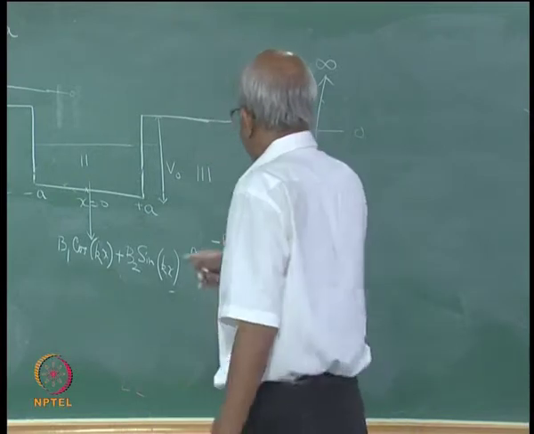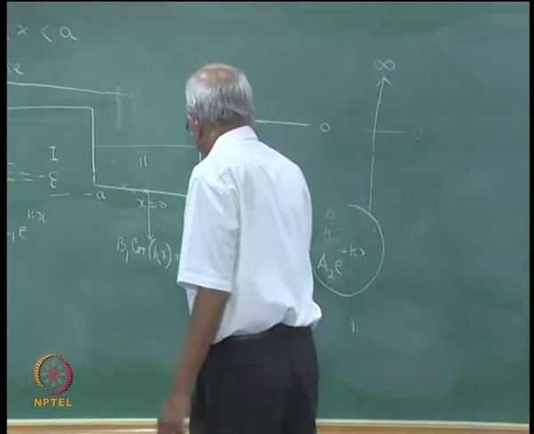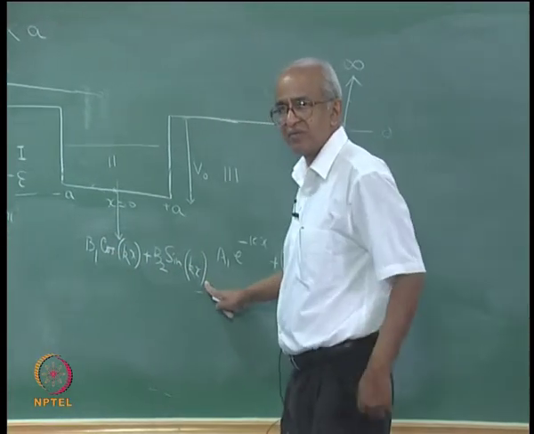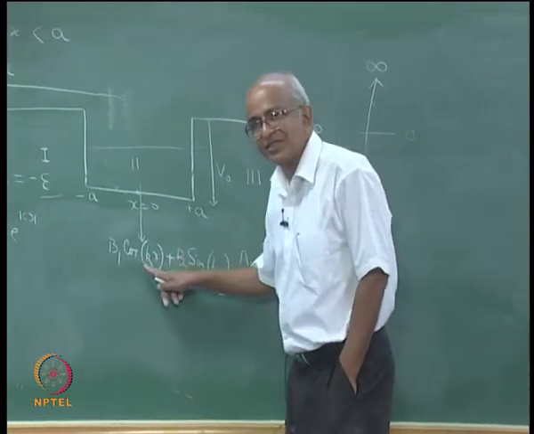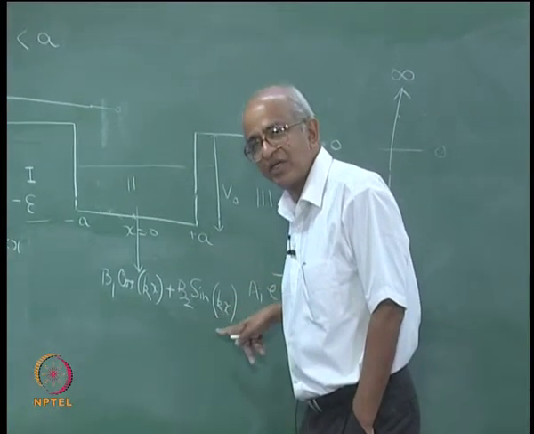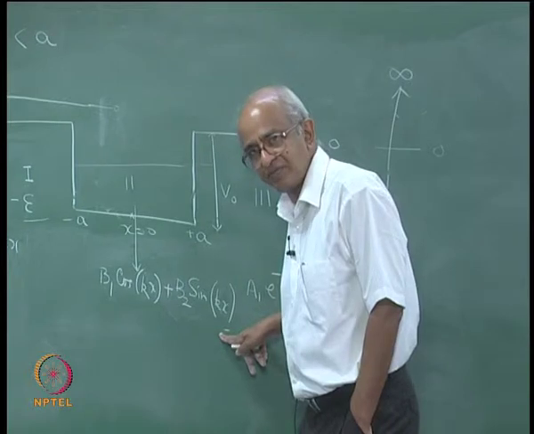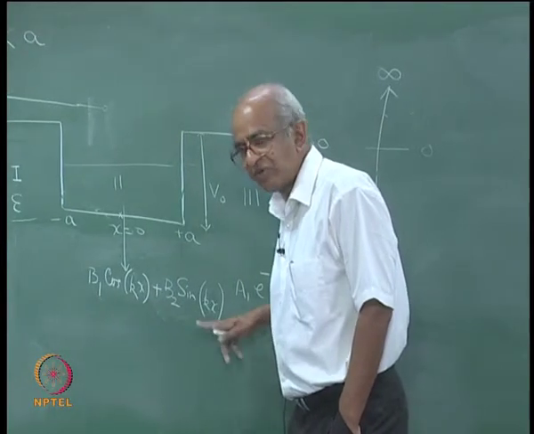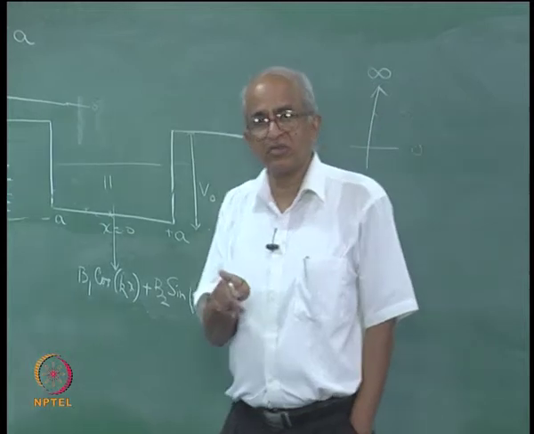And if you look at the functions that you have here, cos kx and sin kx, you know that cos kx is an even function, while sin kx is an odd function. So, if I am looking at even solutions, what is going to happen?